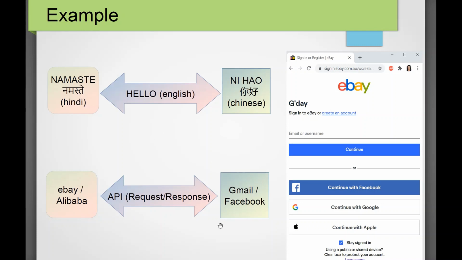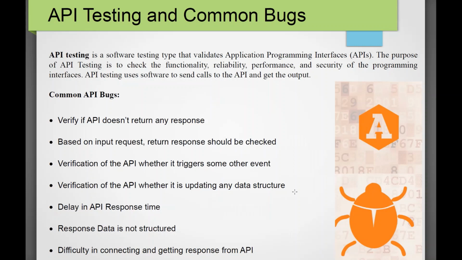In the case of API, it is the same thing: API acts as a mediator between two applications for exchanging data. So this is API. Now we'll see why we need to do API testing.